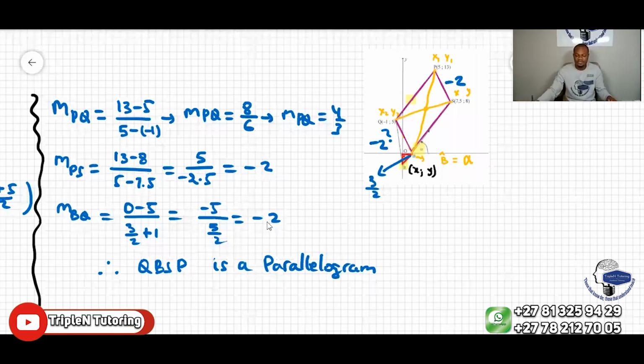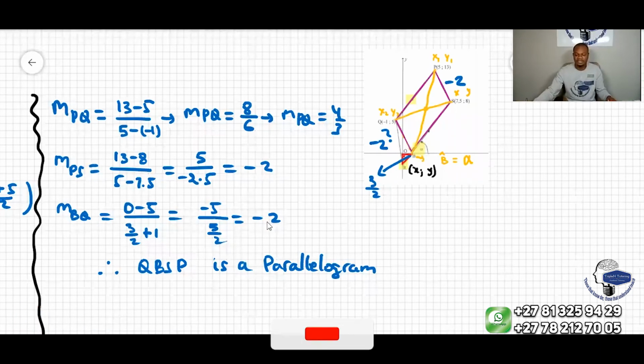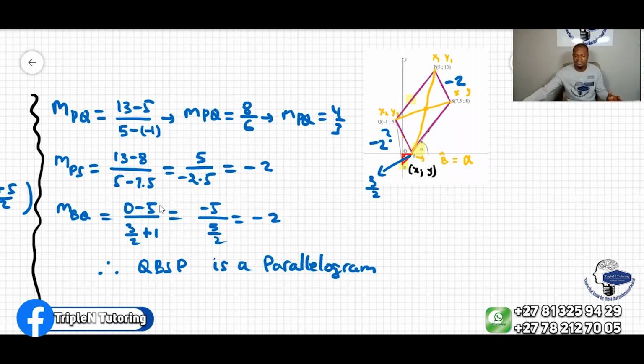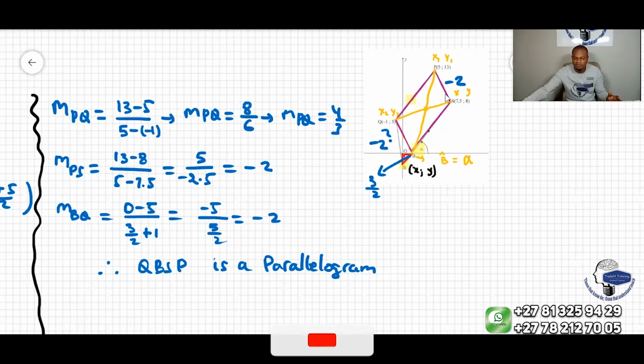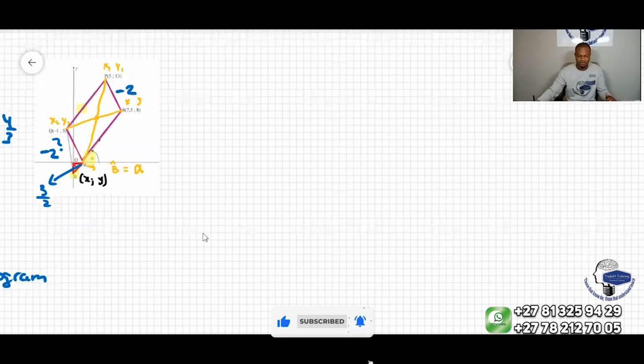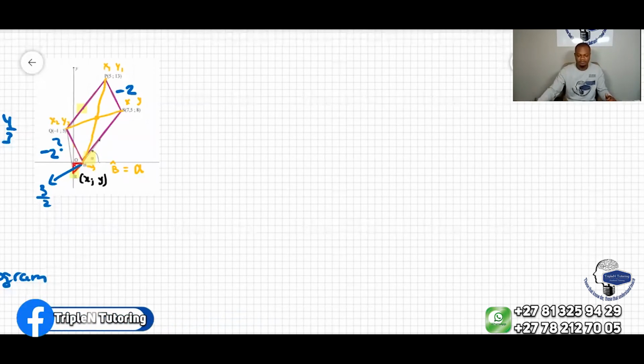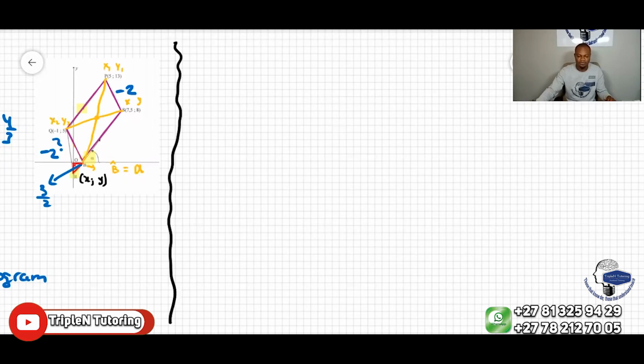We can also find the parallelogram by working out the distances of all these sides and checking if they're equal. If the distance QP is equal to the distance SB, and QB equals PS, then it is a parallelogram. You can do it also this way.